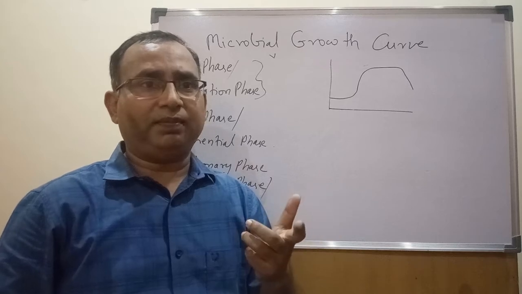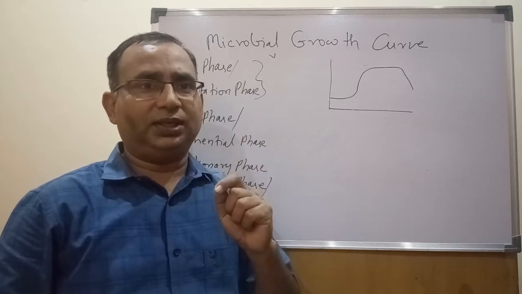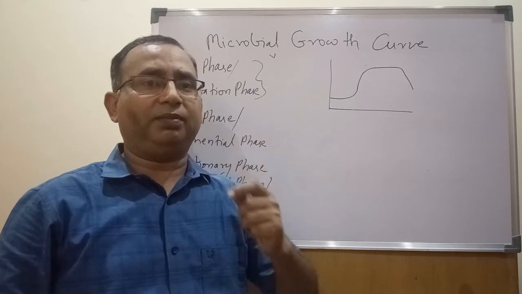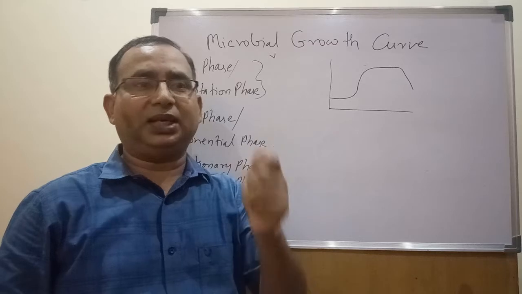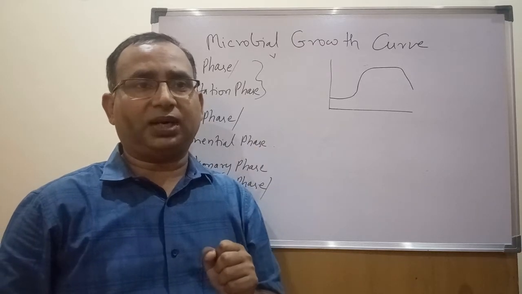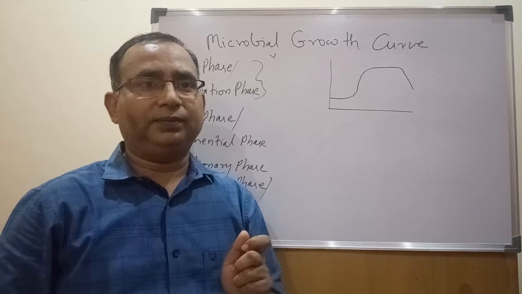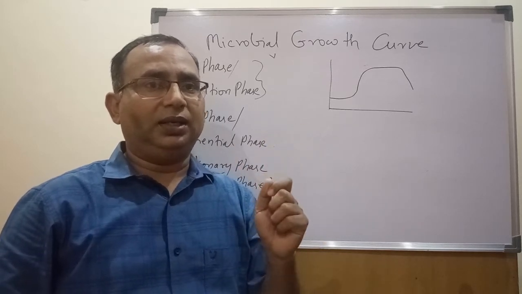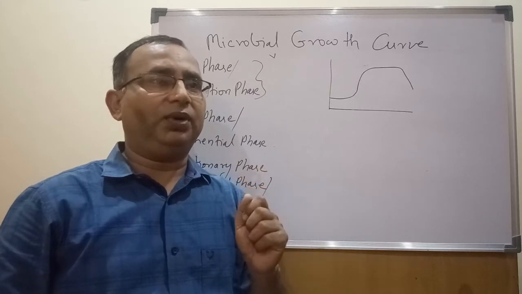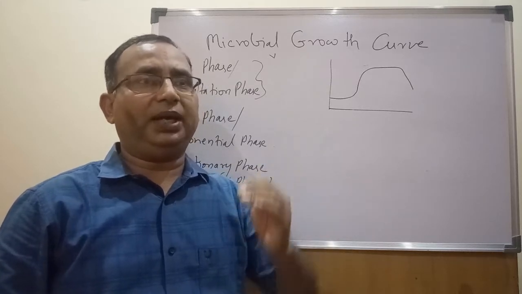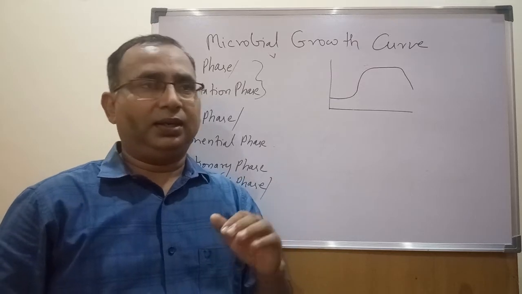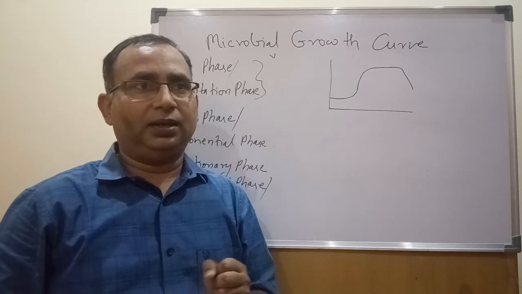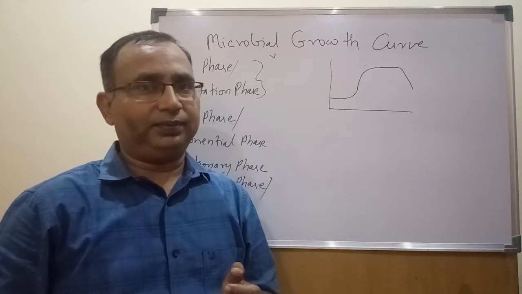That takes some time, and until and unless microbe becomes capable of synthesizing the sufficient amount of enzymes responsible for utilizing the nutrient component, till that time microbe will not be able to utilize the nutrient component, and hence will not be able to synthesize the different compounds required for proper growth and development of its own cell.